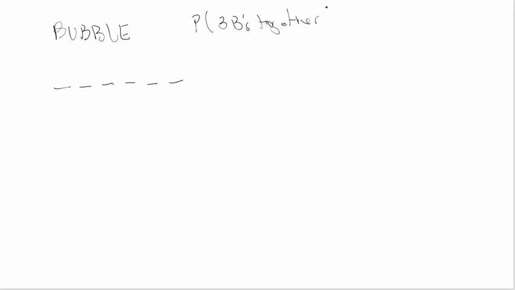What's the probability of having 3 B's together? Well, the total number of permutations that you can have is 6 factorial, but again, B's are repeated, so you divide by 3 factorial.